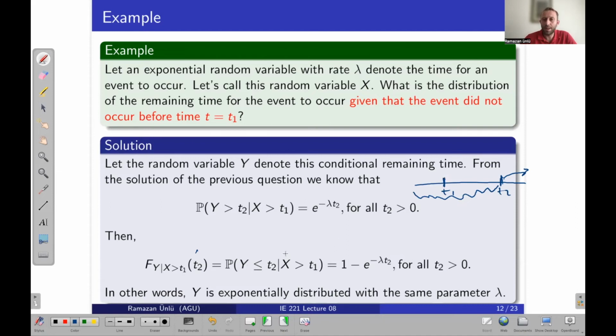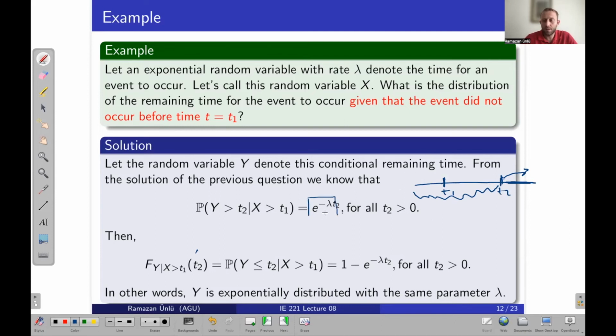And I know that x is an exponential random variable. I know that the probability of y greater than T2, when this information is given, that x is greater than T1, is this one, right?